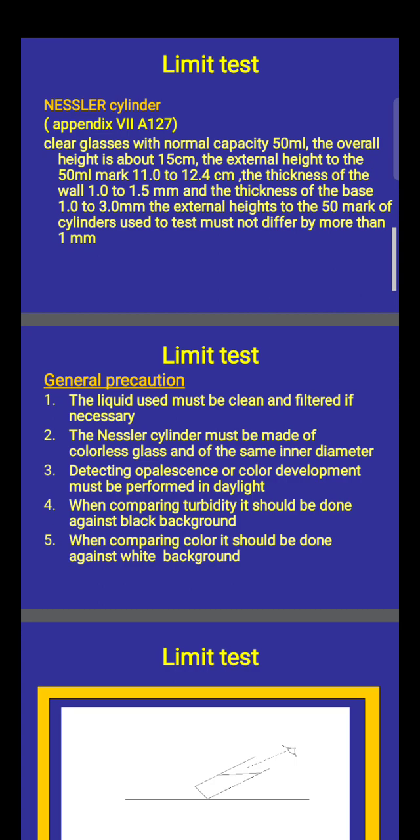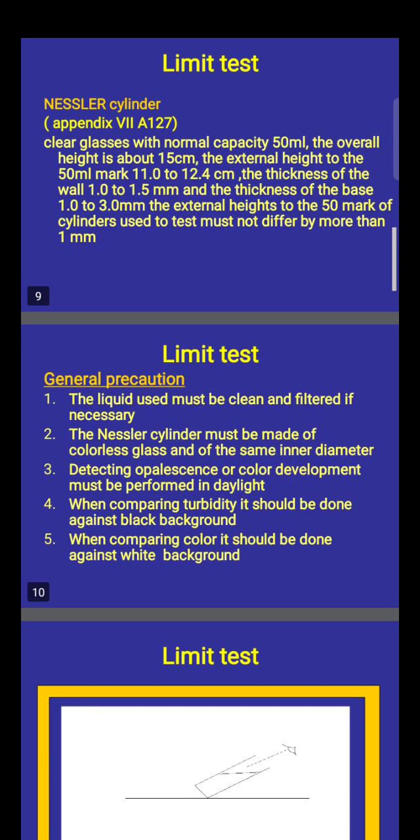The external height to the 50 ml mark is 11 to 12.4 cm, the thickness of the wall is between 1 to 1.5 mm, and the thickness of the base required is 1 to 3 mm. The external height to the 50 ml mark of the cylinders used for the test must not differ by more than 1 mm. So this is the diagrammatic representation of the Nessler cylinder.